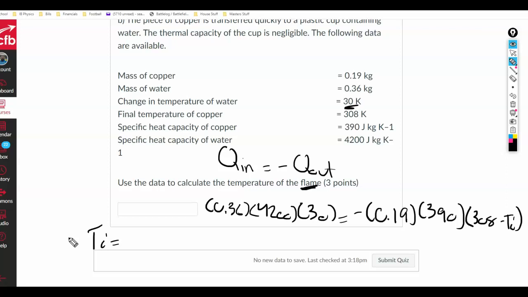Okay, what you should get is approximately 920 degrees with these values. 920 Kelvin. Again, your answer might be bigger, might be smaller. It just depends on which version of the test you had.